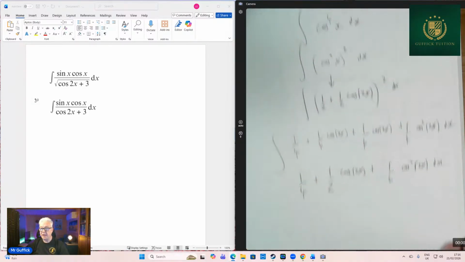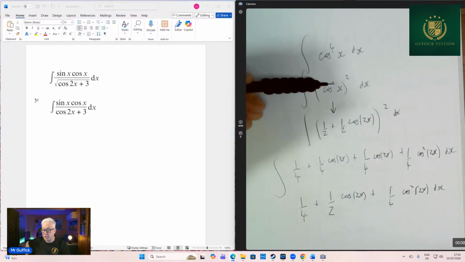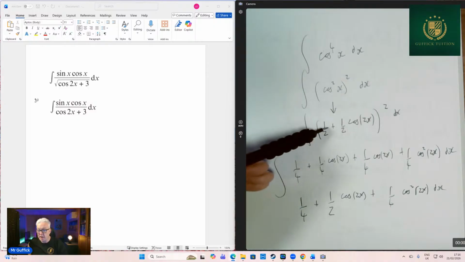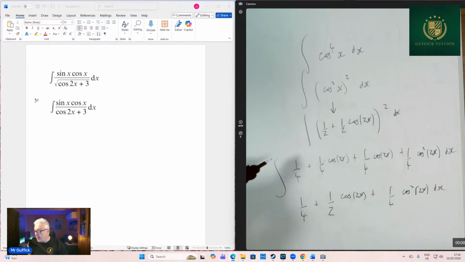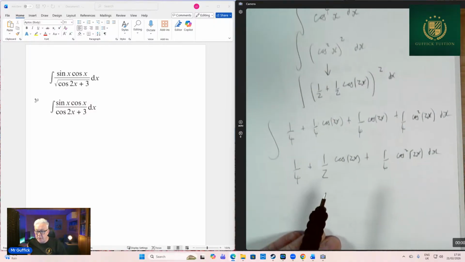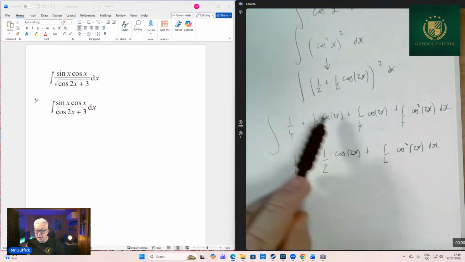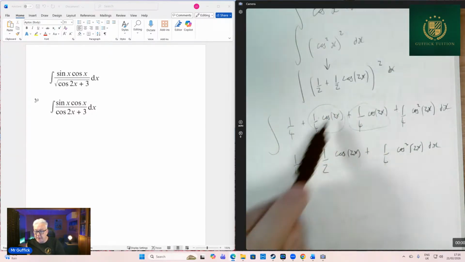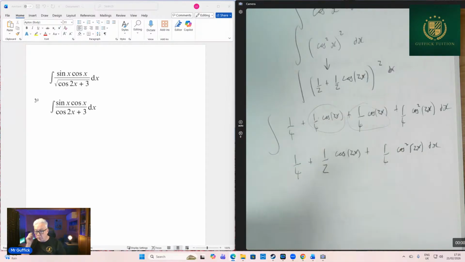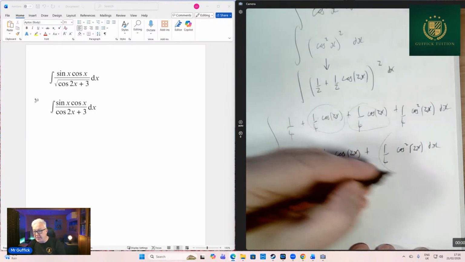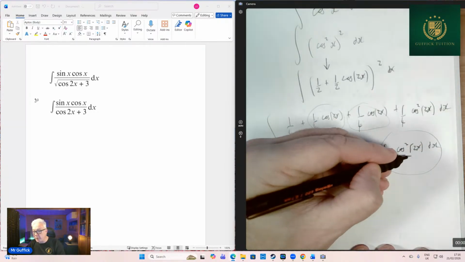So what we've done is we've said cos to the 4th is cos squared squared. Cos squared is a half add a half cos 2x. We expand our brackets, and we collect like terms, which goes to 2/4, the same as a half. Now we're almost ready to integrate it. There's just one little problem: we've got another cos squared again.